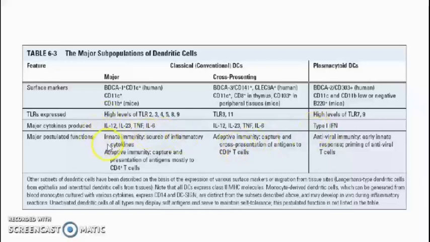In the major classical dendritic cell, the major postulated function is innate immunity, source of inflammatory cytokines, and adaptive immunity, capture and presentation of antigen, mostly to CD4 T cells. In cross-presenting cells, adaptive immunity, capture and cross-presentation of antigen to CD8 T cells. Plasmacytoid dendritic cells have antiviral immunity, early innate response, and priming of antiviral T cells.